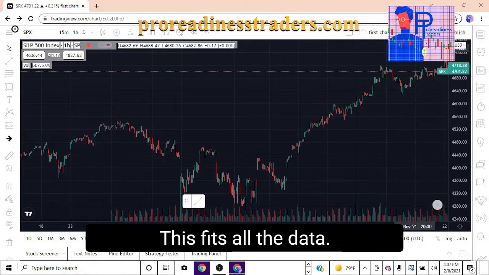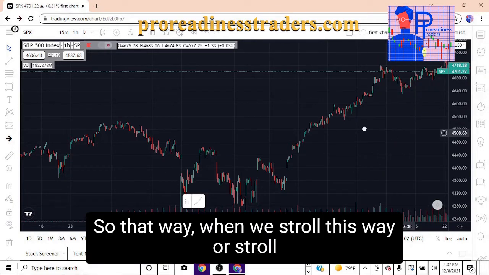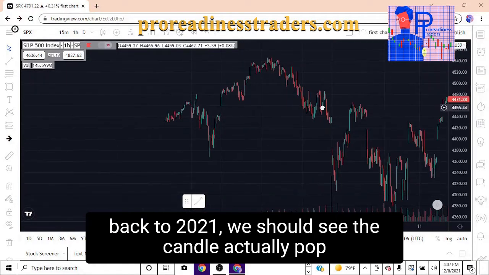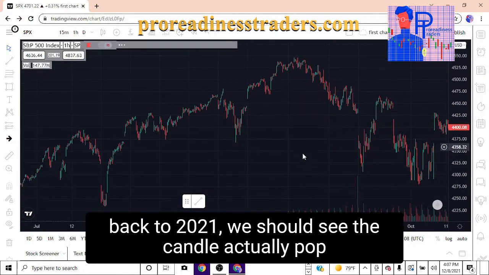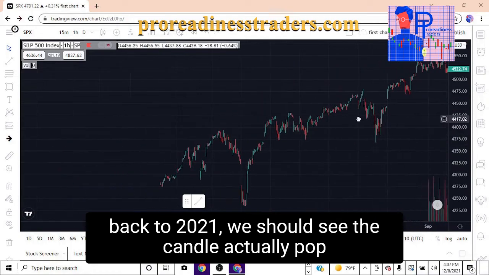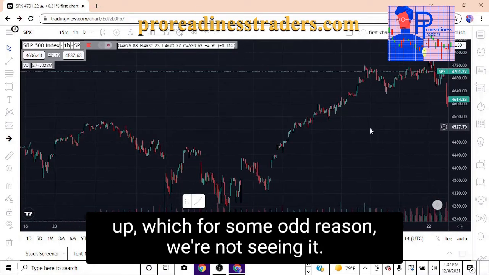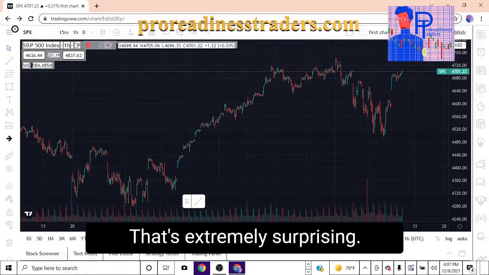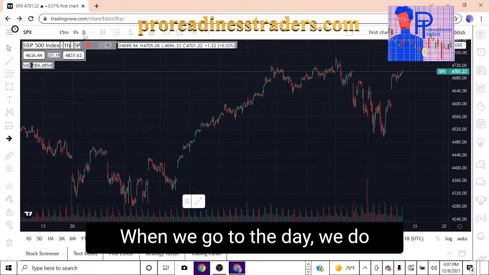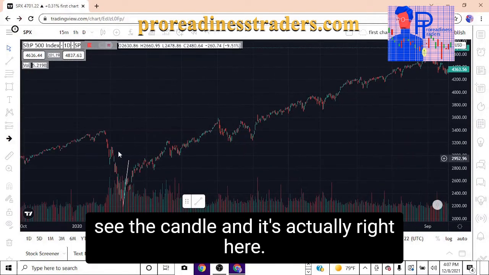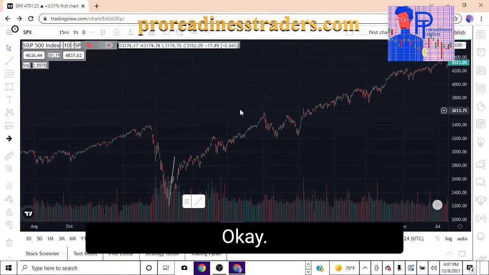This fits all the data, so that when we scroll back to 2021, we should see the candle pop up, which for some odd reason we're not seeing. That's extremely surprising. When we go to the day, we do see the candle, and it's actually right here.